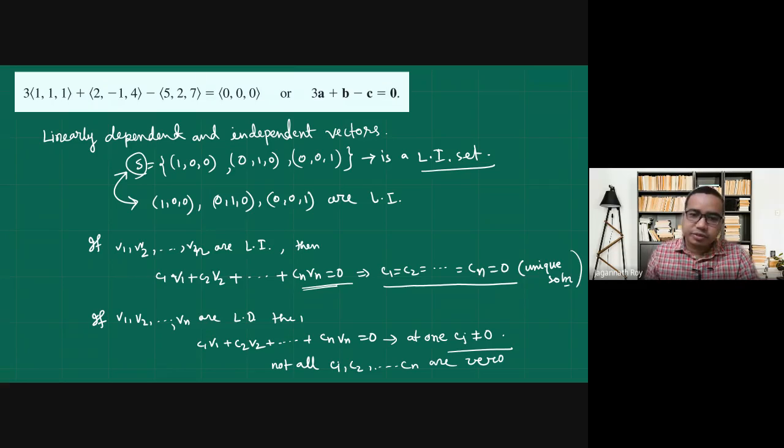Some of them may be 0, but at least one will be non-zero. So that is the idea of a linearly dependent set.